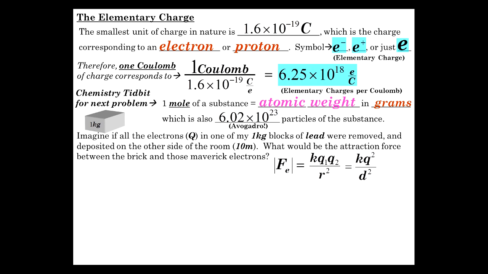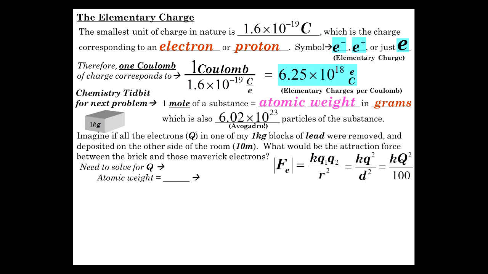And so it's kQ squared over d squared, because it's the same amount of Q on both sides. We can drop the subscript, and that's k capital Q squared over 100. I could go ahead and put the 9 times 10 to the 9th in, but we'll do this in a moment. What's obvious from this is that we need Q.